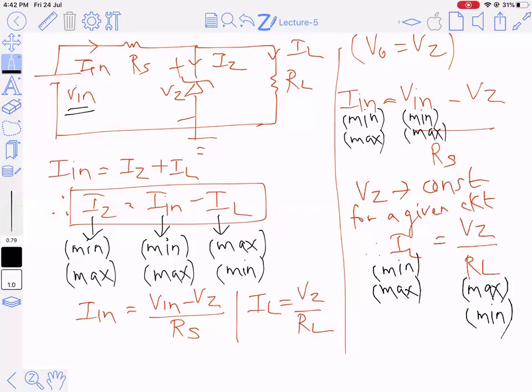So this is the basic formula. There's nothing great about this because it's just a circuit where you're applying KVL and KCL and talking about minimum and maximum. Once you've understood this basic concept, you'll be able to solve problems based on Zener diode and how it is acting as voltage regulator. That particular section of analysis we'll be seeing in our next lecture.